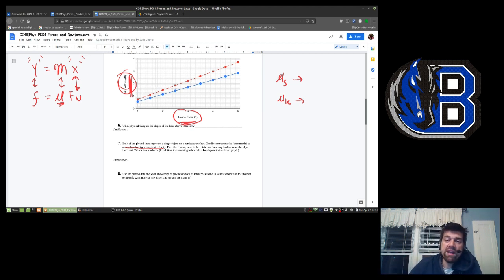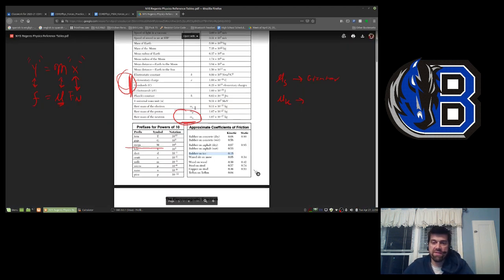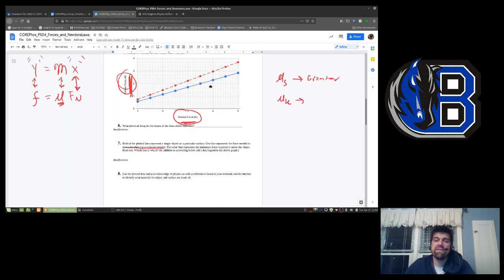The other bit you need here is that we established that the static friction is always greater. And if you ever forget that, look at your reference table. Look at these. The static coefficients are always greater than the kinetic ones. So the greater coefficient, since we just said the coefficients were the slopes, the steeper the line, the greater the coefficient.